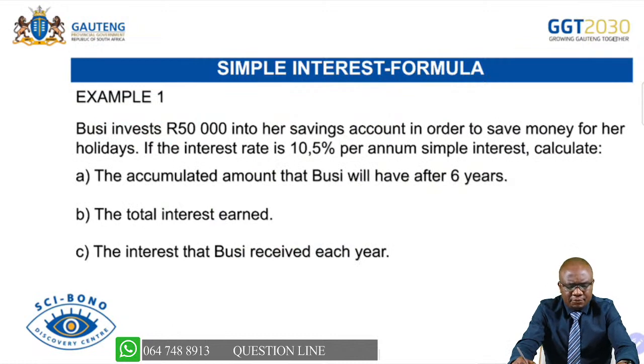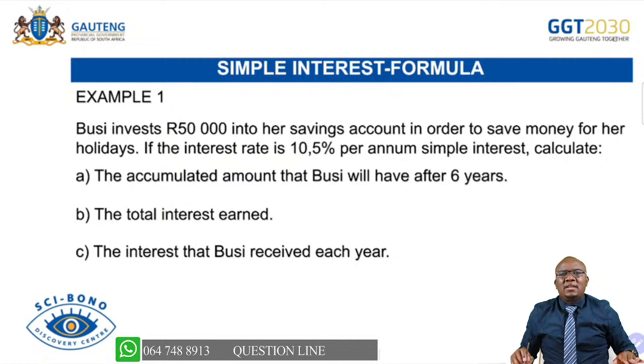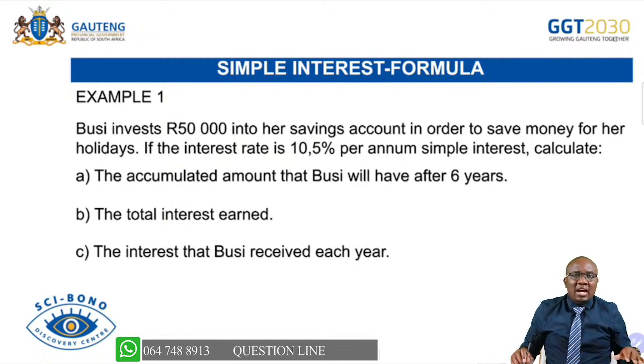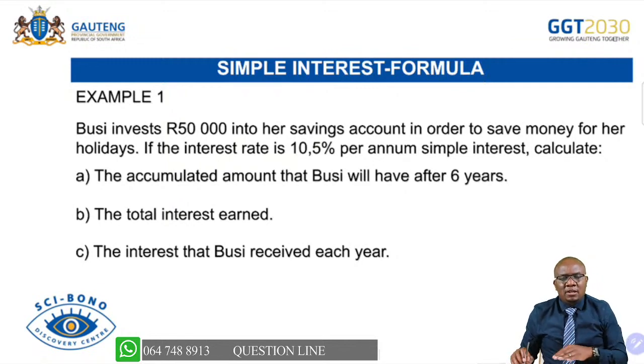This is an example. Every question, read the question, the information, and then go to the questions, and then go back and read the information again. And underline the key things. Okay? Right. I want you to read the information for 1 minute.